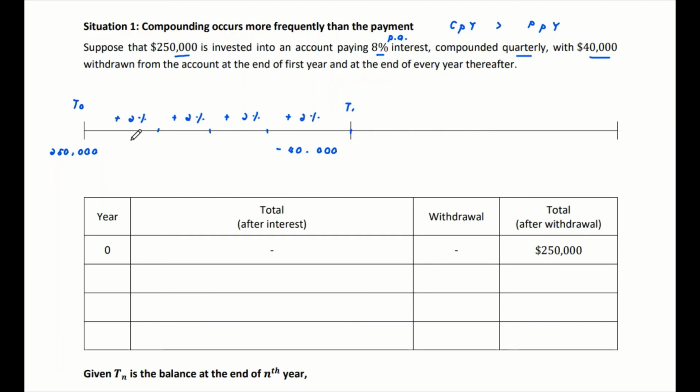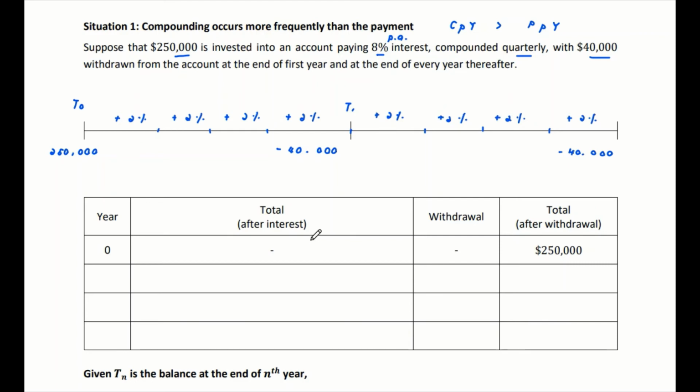So you add up 2%, 2%, 2%, 2%, then after that you withdraw 40K one time. Then the same thing is going to happen for the other year as well. So for each quarter, you compound 2%, 2%, 2%, 2%. Then at the end of 1 year, you withdraw 40K. So that's the idea for each situation here.